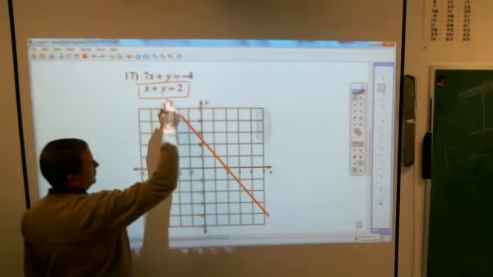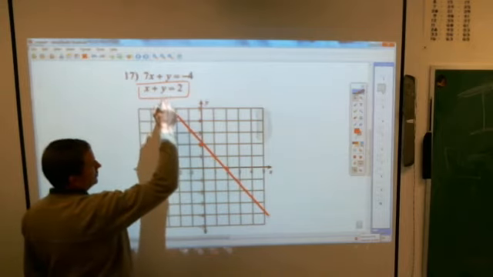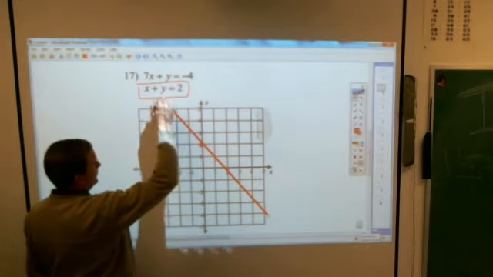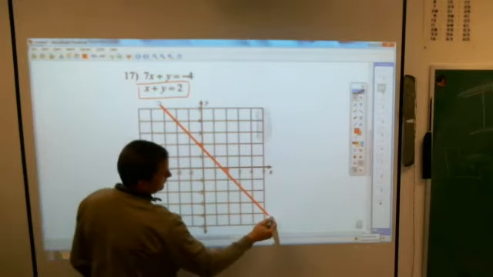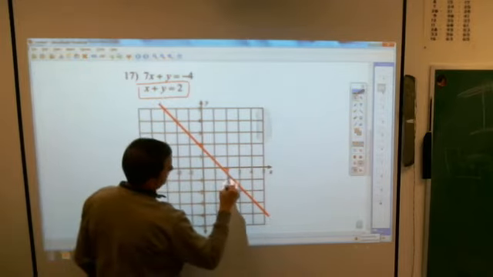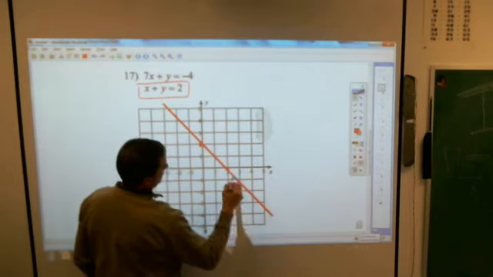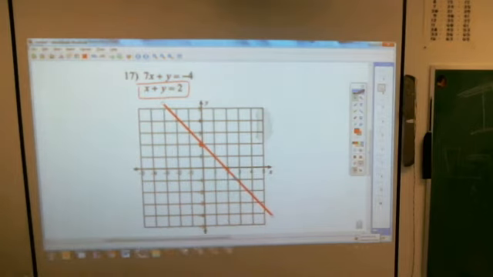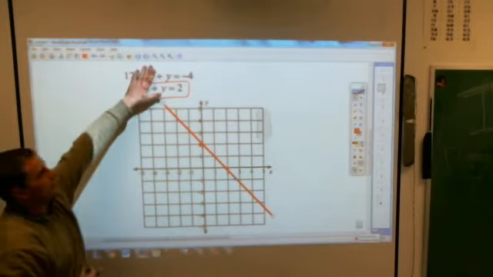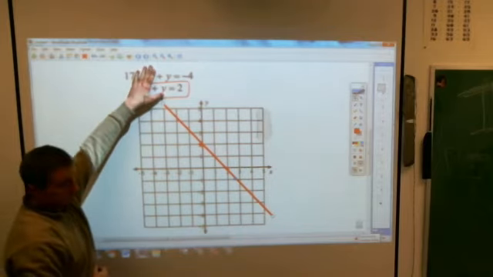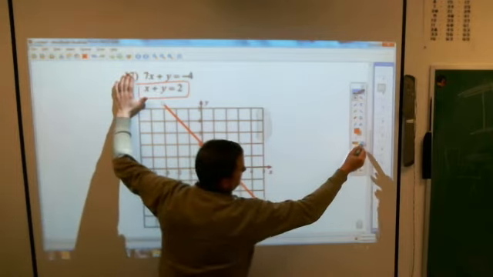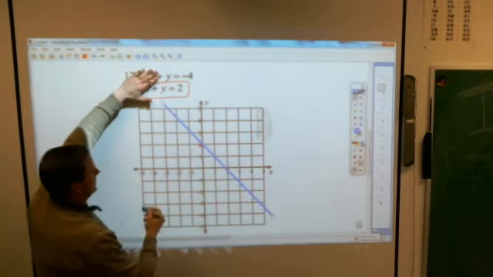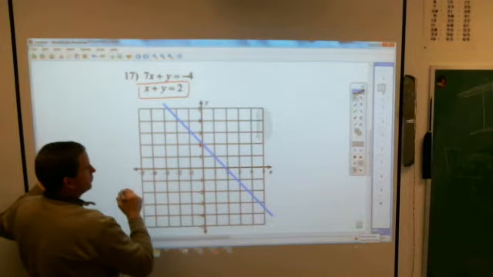If you got this wrong, it may be because you were not precise enough, and part of that is my fault. No, most of it's my fault. Okay. The problem with the other one, people, is you're kind of guessing. The y-intercept is -4, right? I mean, that's pretty simple. It crosses the y-axis at -4.